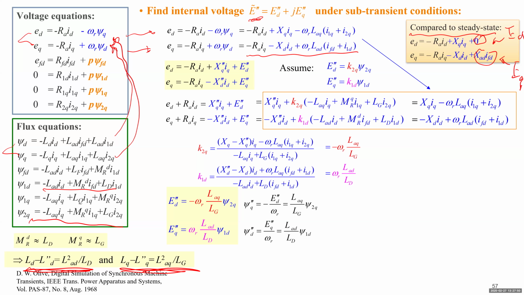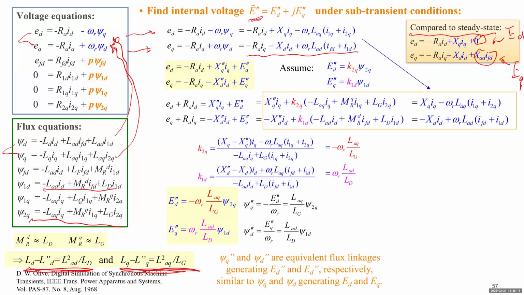But basically, Psi Q double prime is proportional to ED double prime. Psi is not very clear about the meaning, but E is better, right? And this Q can be very confusing. The EQ means the flux linkage in the Q axis, but actually it will influence the voltage in the D axis. So I personally prefer using ED double prime.